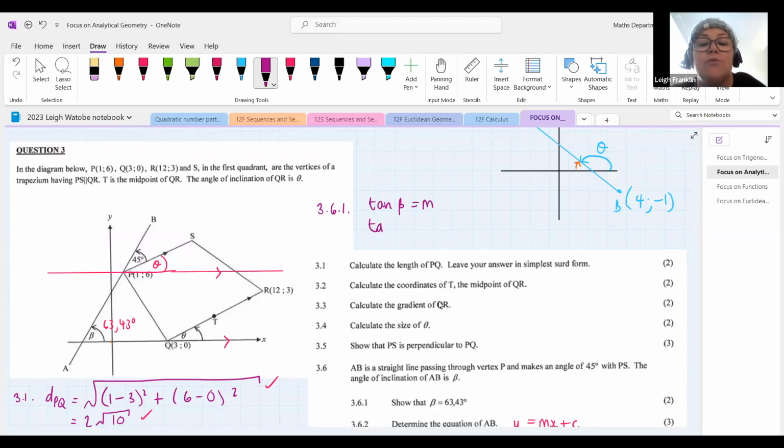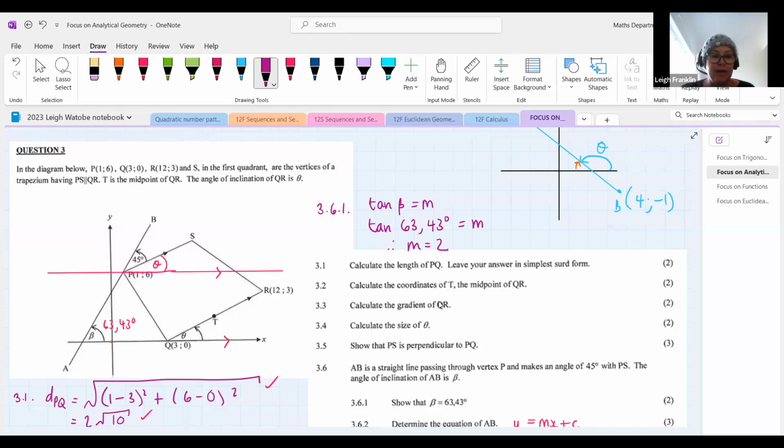Then we need to write here, it is the tan of 63,43 degrees that gives us the gradient of this line. So now we can calculate that. Tan 63.43, and the gradient of this line ends up being 2.